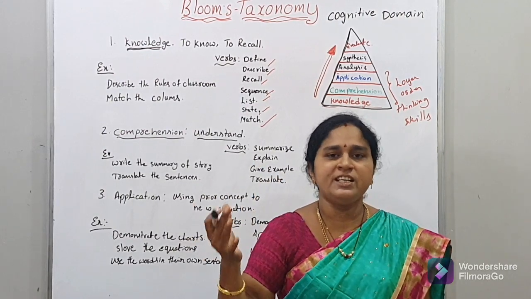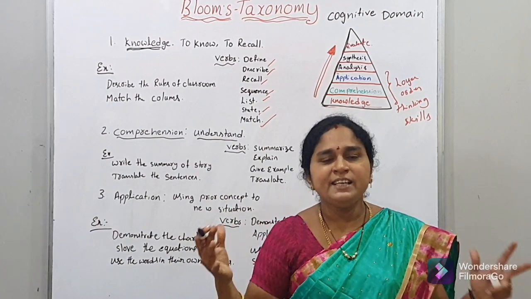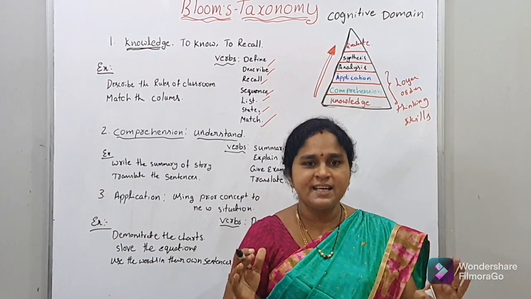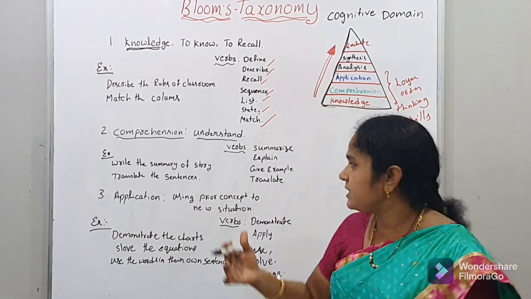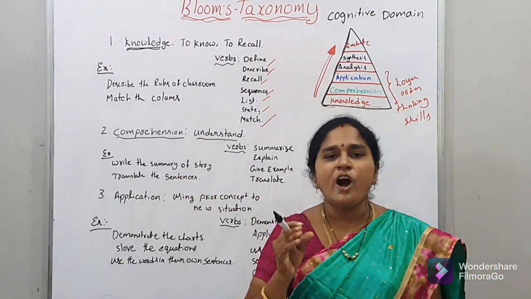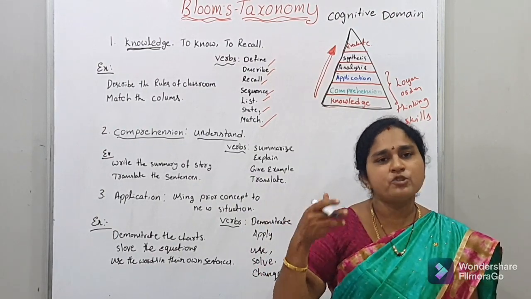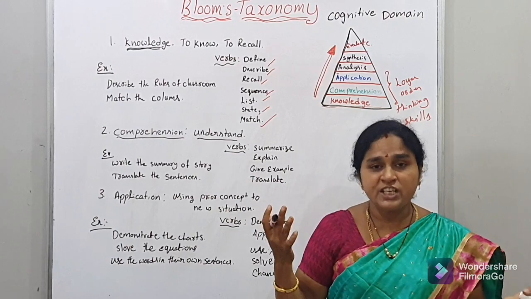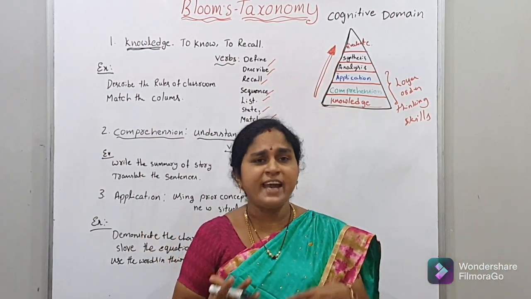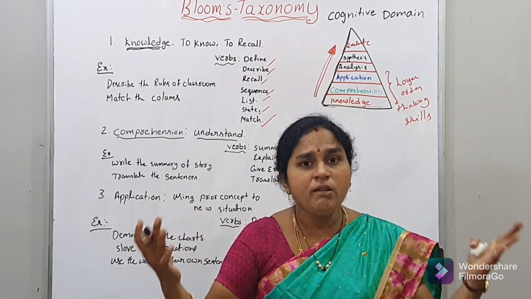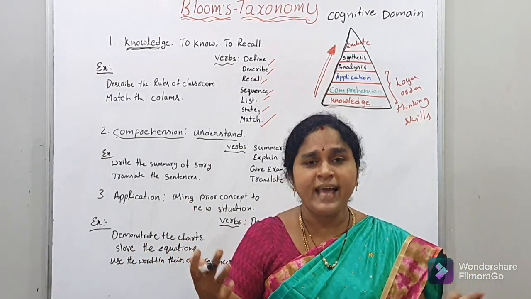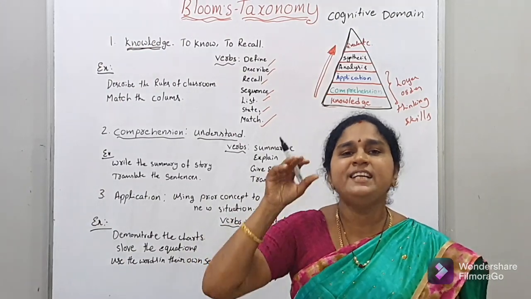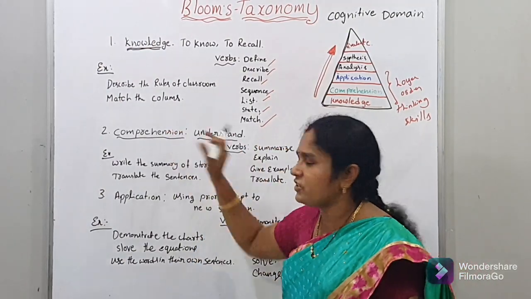Any English teacher who comes to explain a poem, after that, in class, can ask the questions to write the summary of the poem, write the summary of the story. Or any social teacher or history teacher asks to write the summary of the Second World War or the First World War, like Shivaji, Akbar, like that. They can ask these types of questions in comprehension.